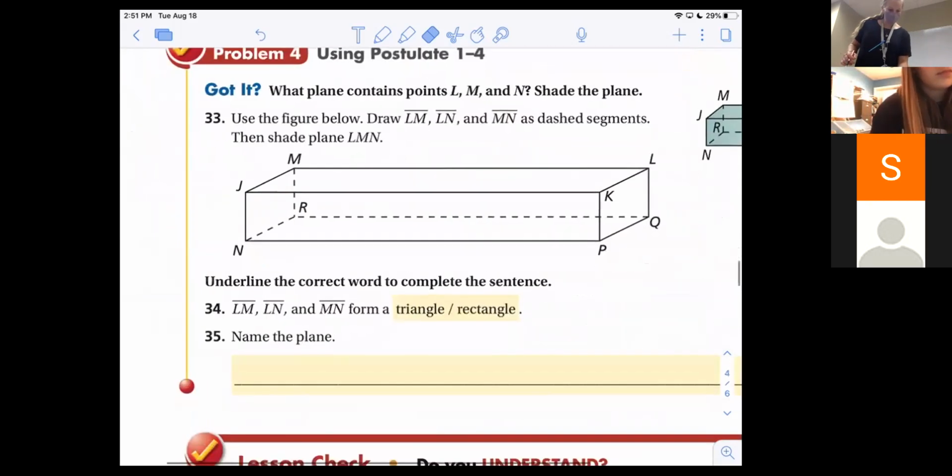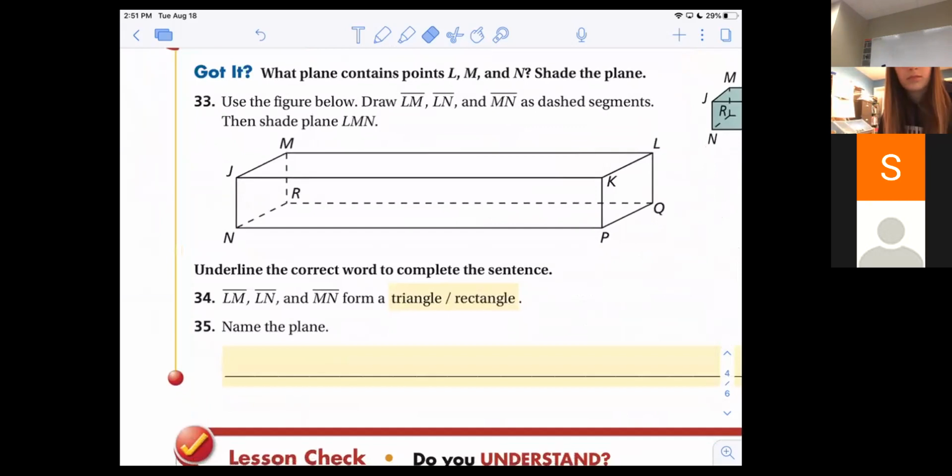While I find a tip, why don't you guys draw me LM, NL, and MN on your paper. Draw those for me. They may not be drawn for you, so you may have to kind of sketch through the line.